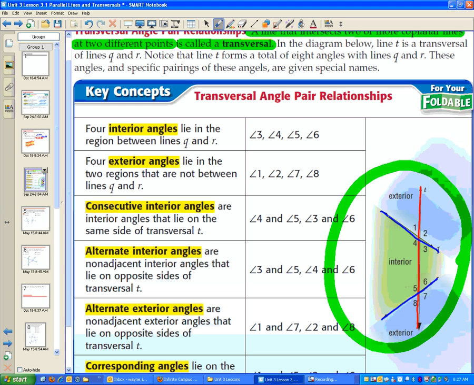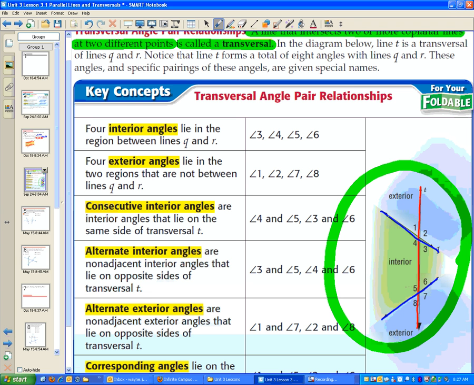It intersects 2 or more lines. Okay? So T is the transversal. Now, by the way, if I drew Q and R longer, they'd intersect each other. Therefore, they would intersect 2 or more lines as well, wouldn't they? Okay, but in this figure, T is the one we want to call the transversal.